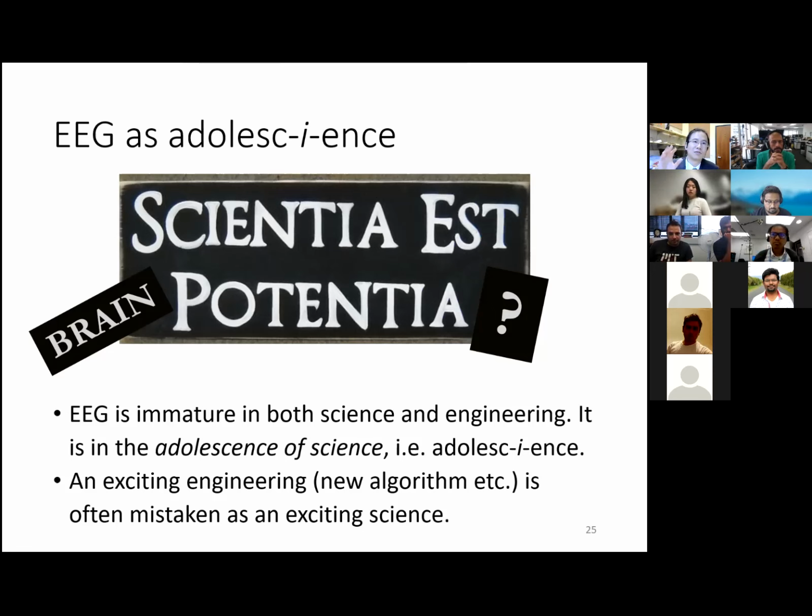The facts confirmed in EEG are almost all empirical, and it does not have a really strong theory, unfortunately. And people's mentalities are also immature in my observation. That's why I call it the adolescence of science. I combined the words and made the word 'adolescence science'.